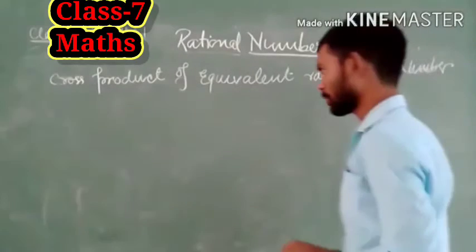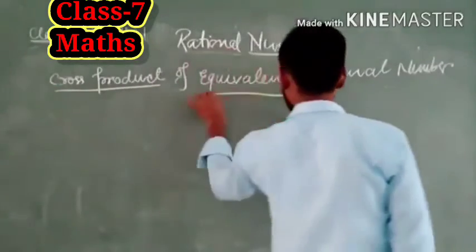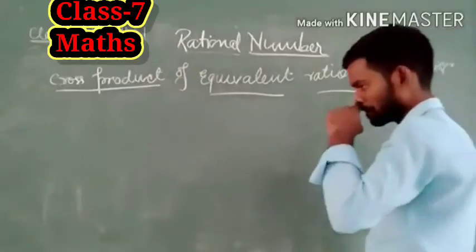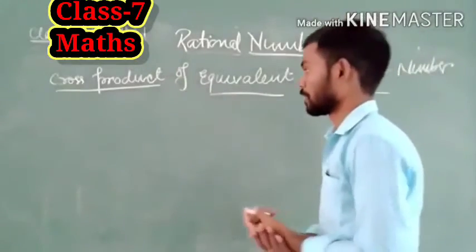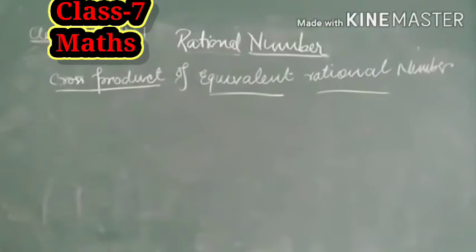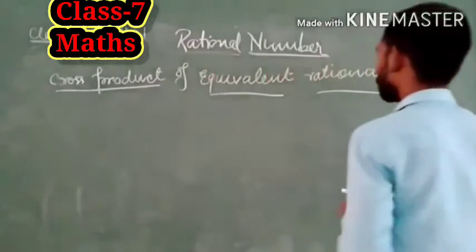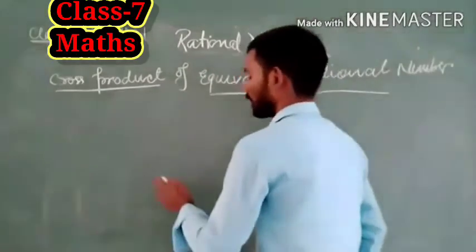This is the next topic, cross product of equivalent rational numbers. So let us see the cross product of equivalent rational numbers.